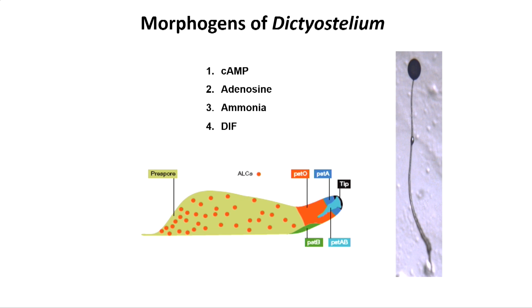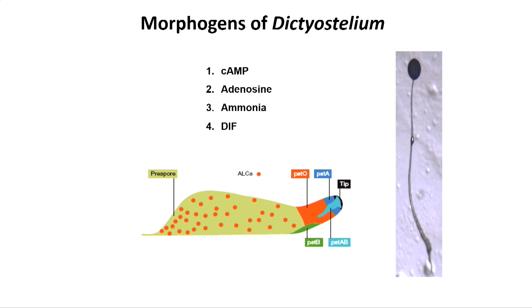Ammonia is a gas, and volatile ammonia also acts as a morphogen. Differentiation-inducing factor, DIF, is a chlorinated hexaphenone that also acts as a morphogen. Cyclic AMP and ammonia are known to promote the pre-spore forming pathway. Adenosine is still controversial, whereas differentiation-inducing factor promotes the stalk cell forming pathway.